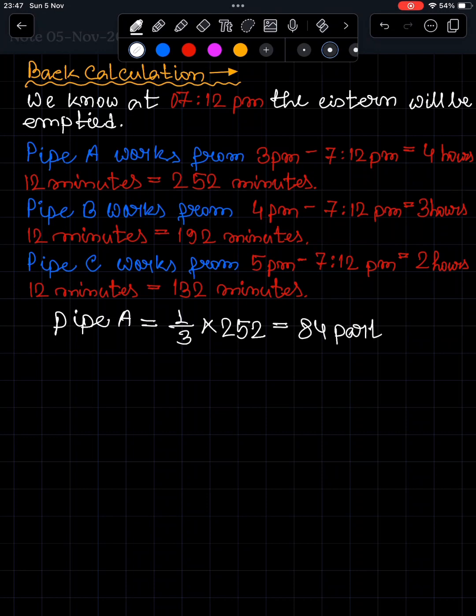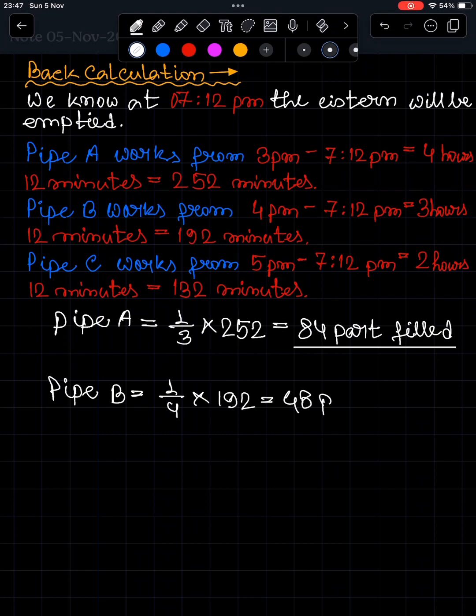Now you must not forget that pipe C is working against pipe A and pipe B, right? So the capacity of pipe A is 1/3 and the total time pipe A has worked is 252. Capacity into time equal to total work. So 1/3 into 252 equals to 84 part is filled up by pipe A.